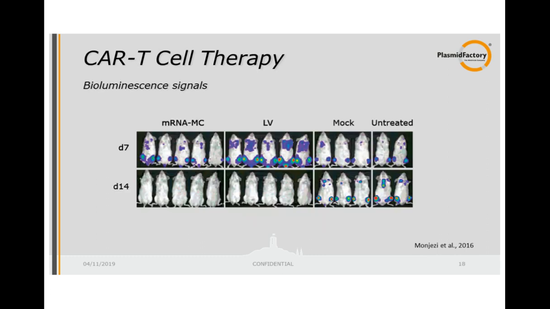This shows, and it's also visible by showing pictures of the mice, that with mRNA minicircle, you see after 14 days, the lower panel, the mice are cured and free of the tumor that was visible on day 7. And with the lentiviral approach, it's the same result, while all the controls on the right side do not show this. So this was a second example of using minicircles.